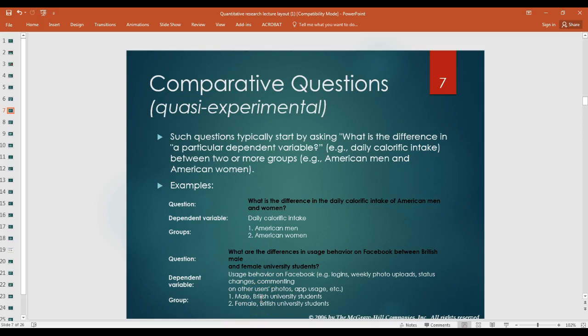See the difference between description? I want to know how things are happening or what is happening, but in a comparative, I really want to know the difference between two comparable groups of participants.